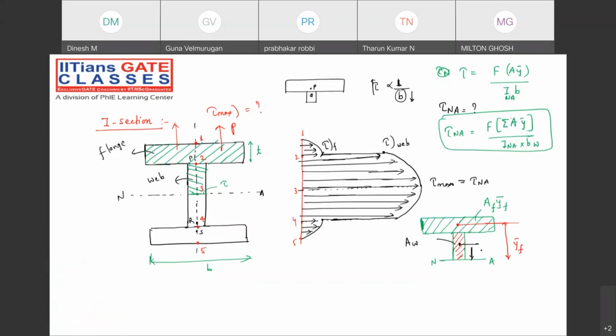Like this. So simply, tau at the neutral axis will be F, area of the flange section into Y F bar, plus area of the web section into Y W bar, divided by I neutral axis into width of the web section.